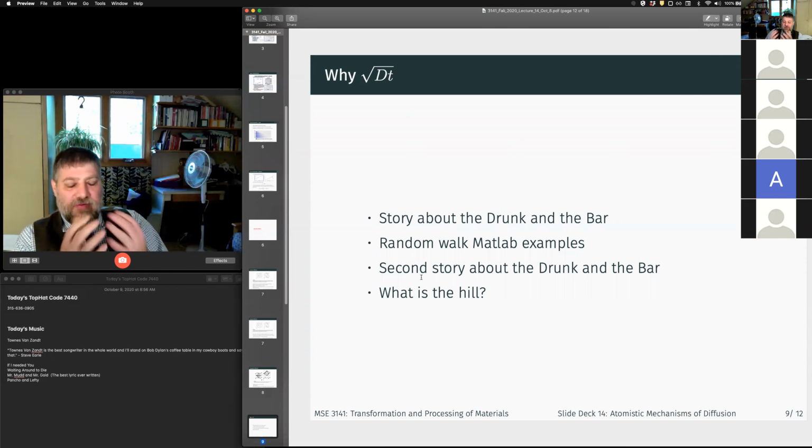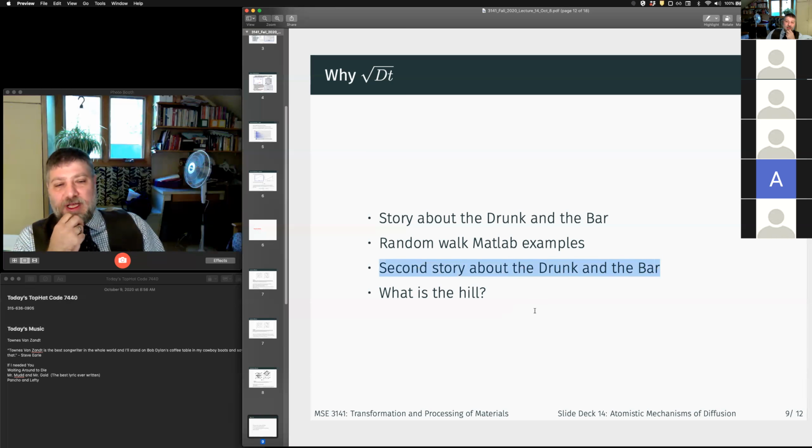If we just envision our atoms as essentially random drunkards leaving the bar, walking along a lattice of city streets, we get the physical picture and the intuition of what's happening. So now the question is, I talked about the hill, right? Where if we have a hill and the bar's on the hill, then the people are more likely to walk down the hill than up the hill, right?